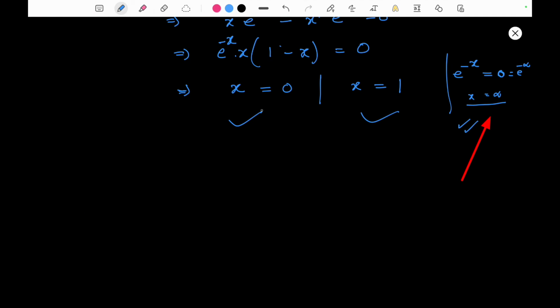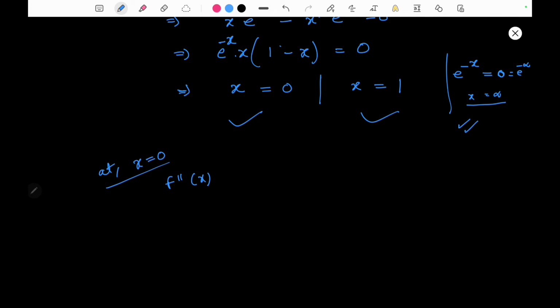So we are neglecting this, just taking these two stationary points and analyzing our further things. For x equal to 0, we will find out f double dash x.